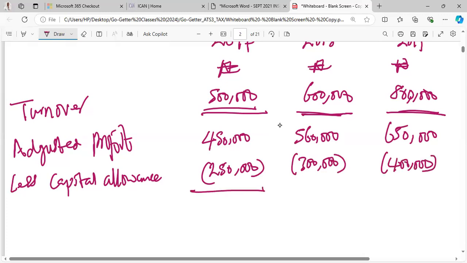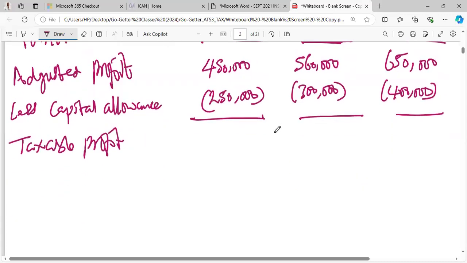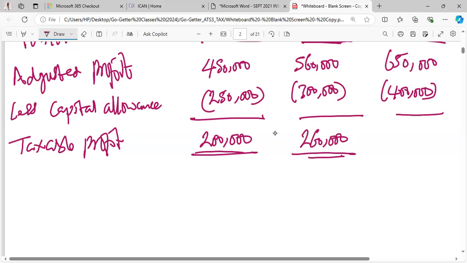So when you less it, what you have is taxable profits. So 450 minus 250 will give me 200 remaining. This is your taxable profit. 560 minus 300 should give me 260. And here, this should give me 250.